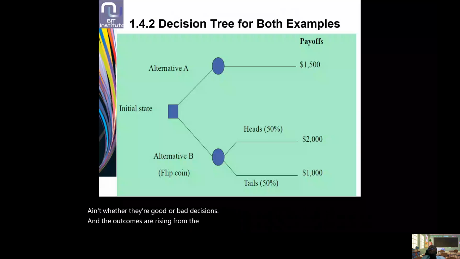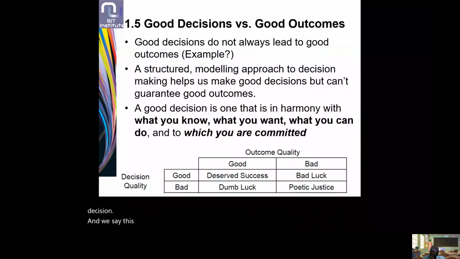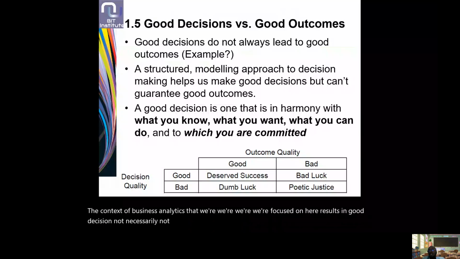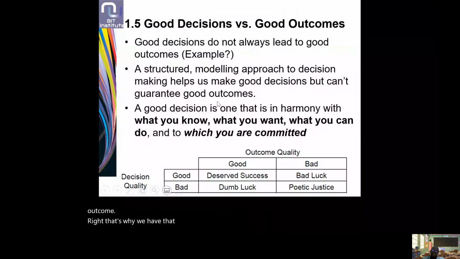And we say this because we do not want to say that every computer model in the context of business analytics that we are focused on here results in a good decision. Not necessarily. A model can be good, but can result in a bad outcome. Right? That's why we have that quadrant that tries to capture outcomes in terms of quality as well as decision quality.